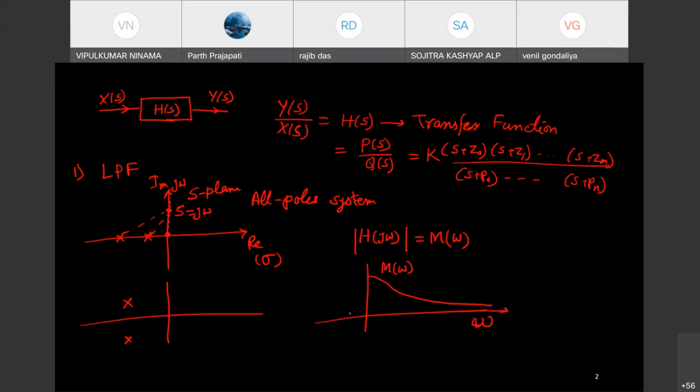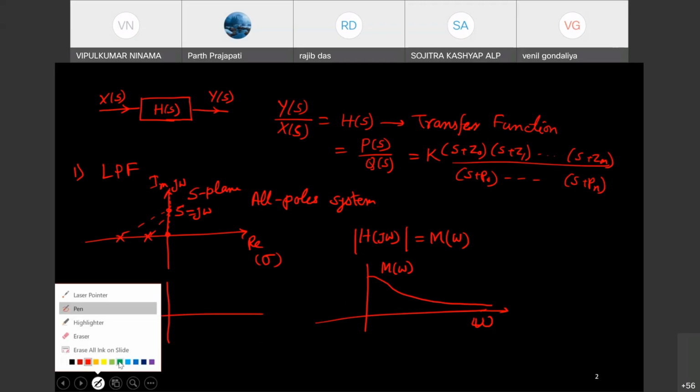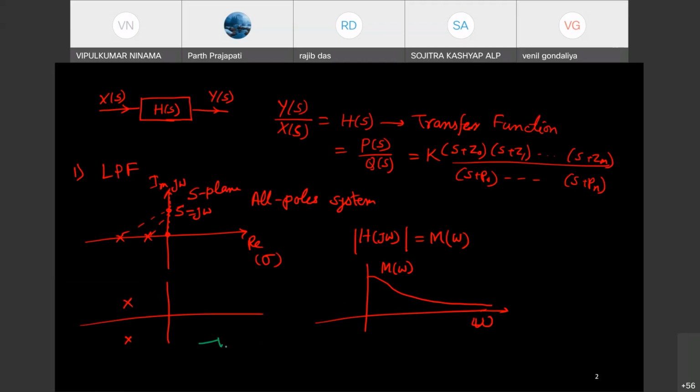Now in a circuit, suppose one resistance and one capacitor. If this is our circuit, this is R, this is C, input is Vi, and output is V0.